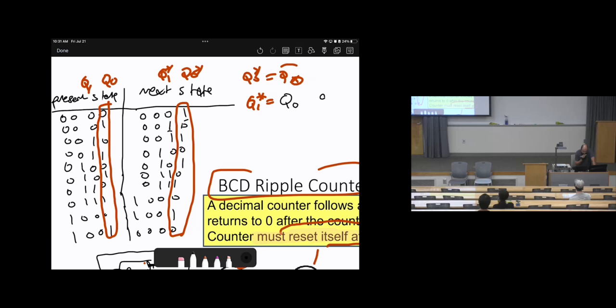So Q2 changes when Q1 equals 1. Okay, therefore, let me think about it. When Q0 equals 1, therefore Q star equals Q0. Okay, that's how it changes its state. Q star equals Q0.